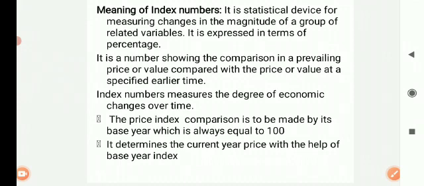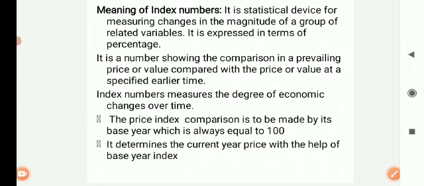But these values and prices can be understood with the help of percentage. In terms of percentage, it can be expressed. What was the percentage of price earlier and what is the percentage of price at present, we are able to understand with the help of index numbers.